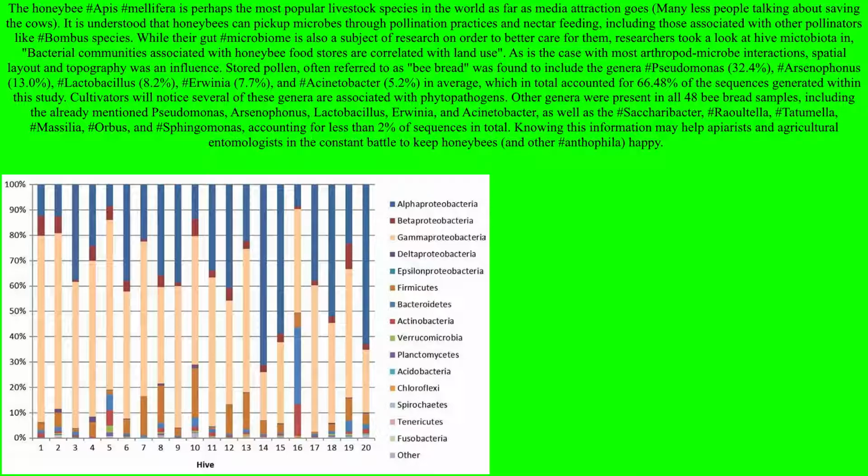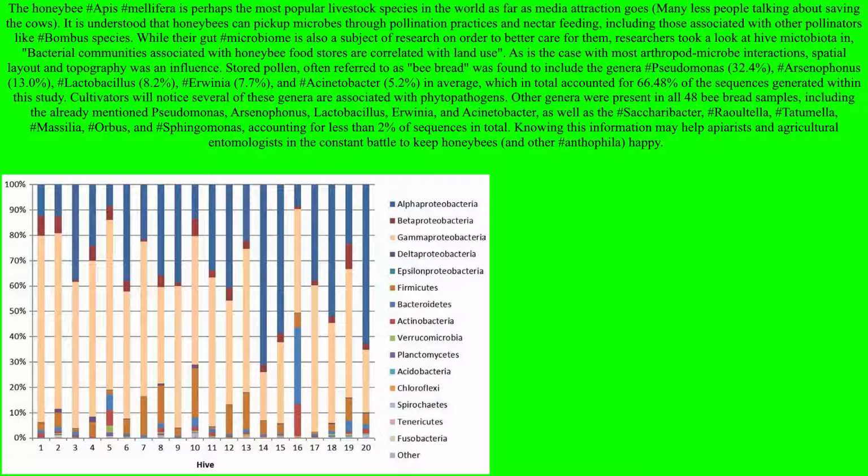In order to better care for them, researchers took a look at hive microbiota in bacterial communities associated with honeybee food stores that are correlated with land use. As is the case with most arthropod microbe interactions, spatial layout and topography was an influence.